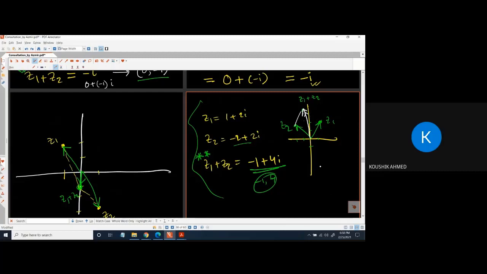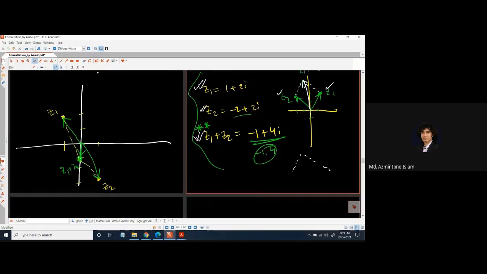Every time, whatever complex number you have, you have to find a location. We have located Z1, we have located Z2, and also we have located the addition. Geometrically, addition will represent a parallelogram.